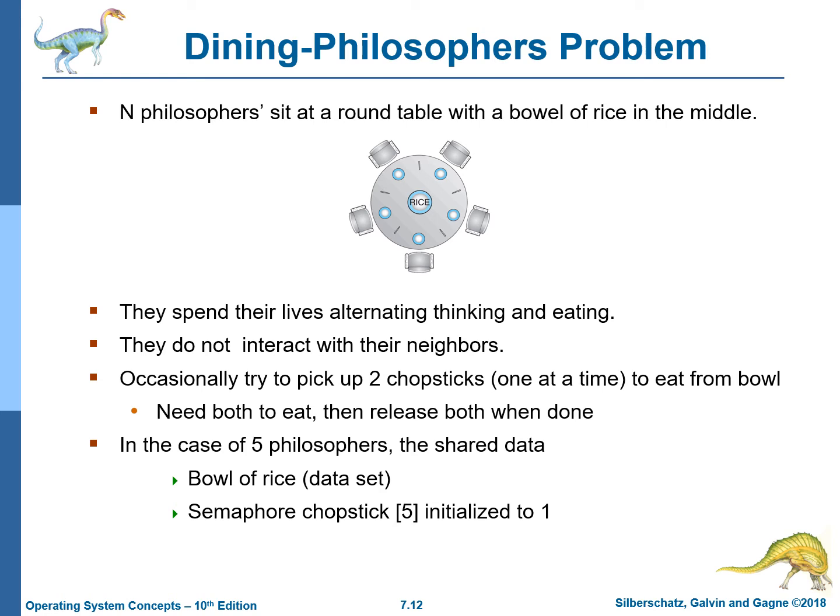Sebelah kiri pun chopstick dia telah digunakan oleh neighbor dia. Kiri kanan. So what happened here? Have to wait. So how long the wait? Have to wait indefinitely. So dekat sini akan berlaku starvation lah. Okay, they have to wait for both, baru dia boleh access to that particular rice. So this is a problem. Okay, that's why we call it the dining philosophers problem.